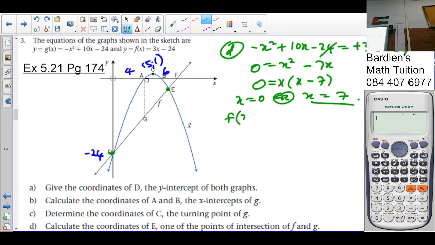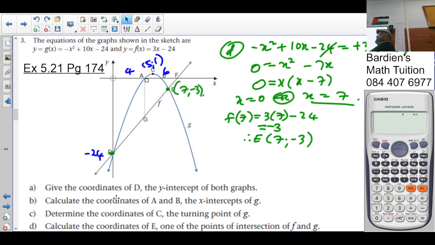So f of 7 is equal to 3 times 7, which is 21, minus 24 is negative 3. So therefore E is going to be 7 and negative 3. Okay. Any confusion there?